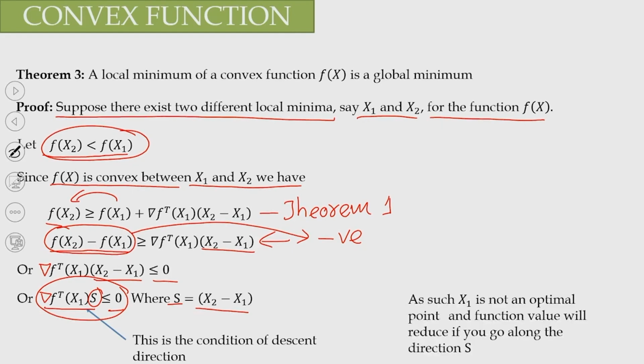As such, x1 is not an optimal point, and the function value will reduce if you go along the direction s. So, we have proved that x1 cannot be an optimal point. Therefore, a local minima of a convex function f(x) is also a global minima. So, that we have proved.